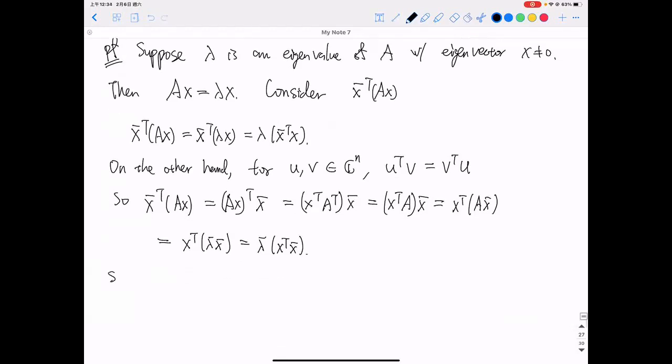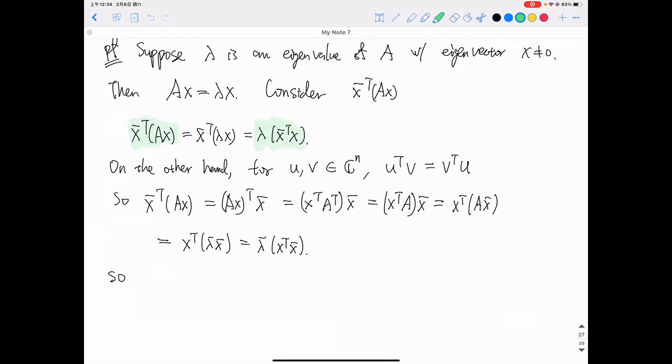So now what do we know? On the one hand, we have x bar transpose Ax equal to lambda times x bar transpose x.